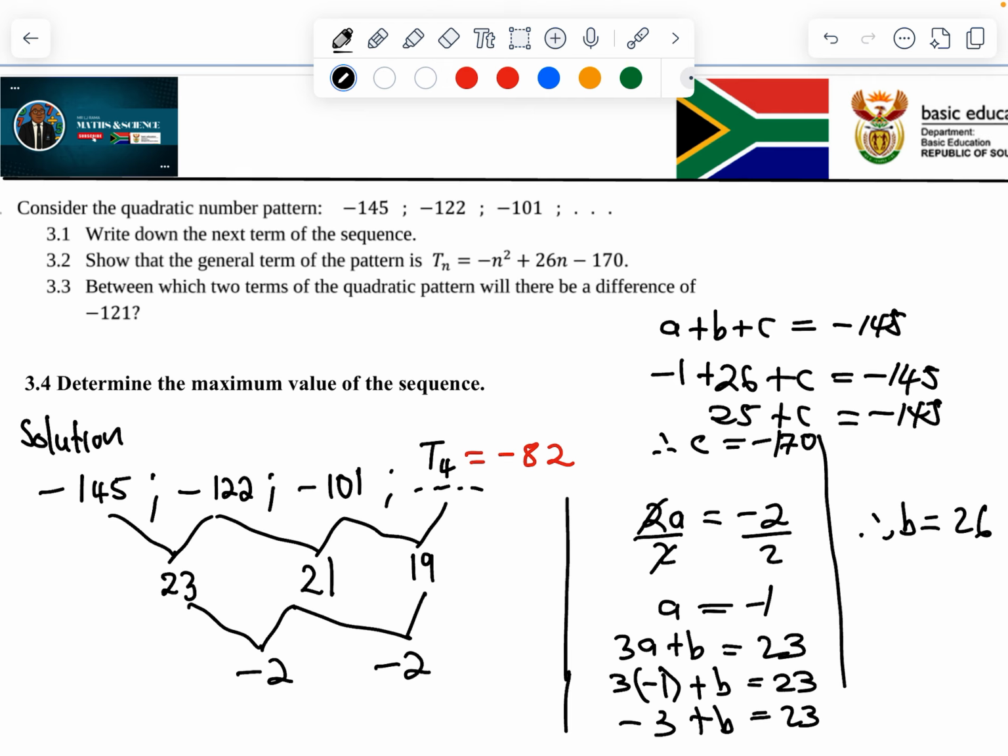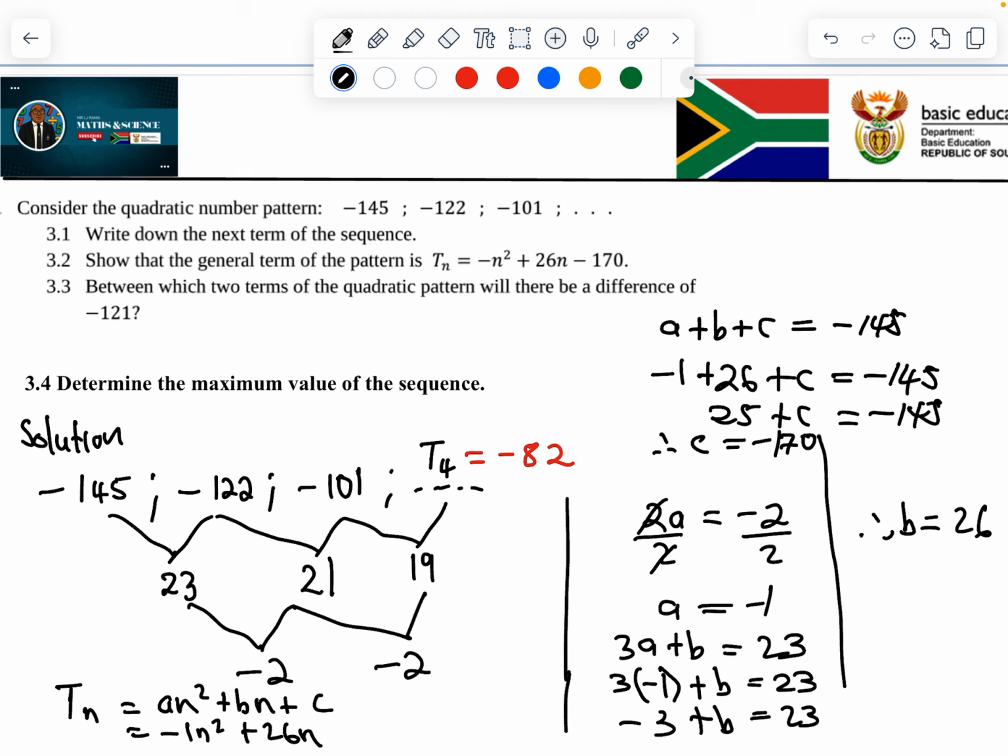So that is it. We have our A, our B, and our C. Now we can write our general term. Tn is equal to An squared plus Bn plus C. Our A is minus 1, so it's minus 1n squared. Our B is 26, so plus 26n.